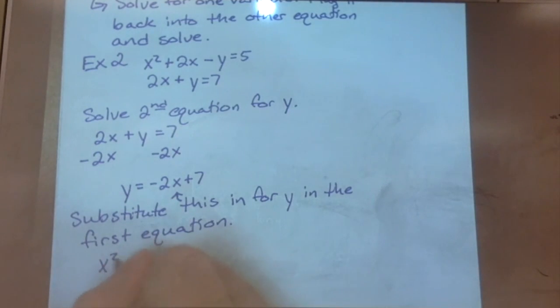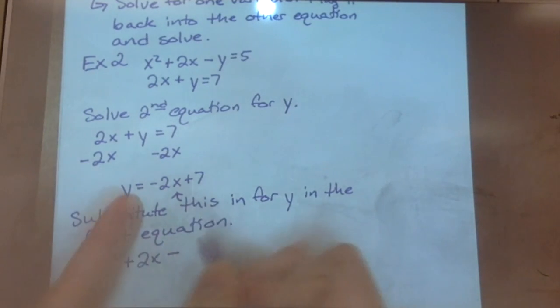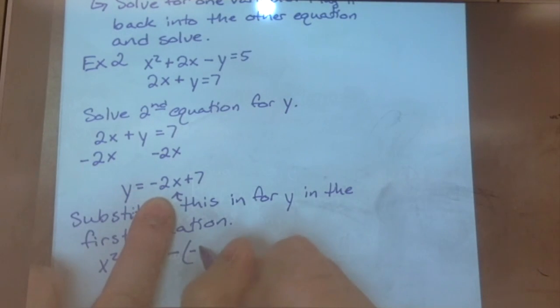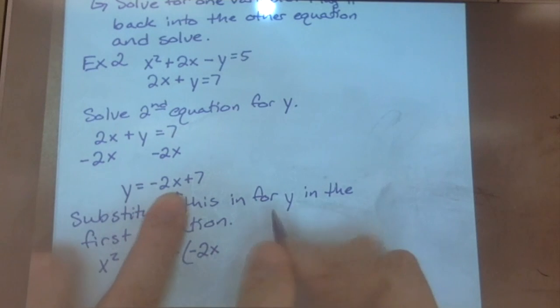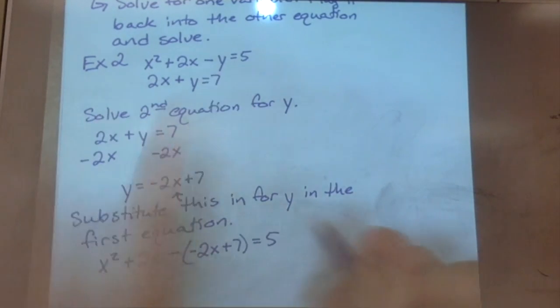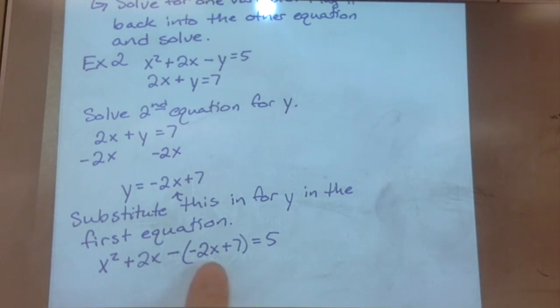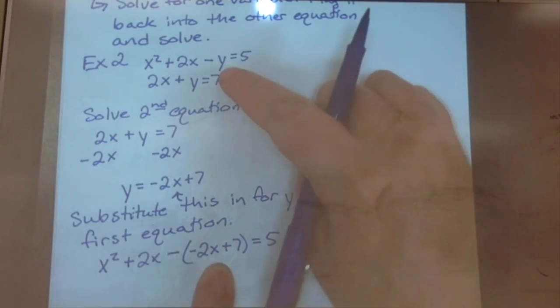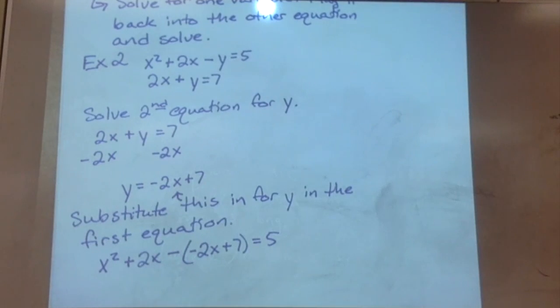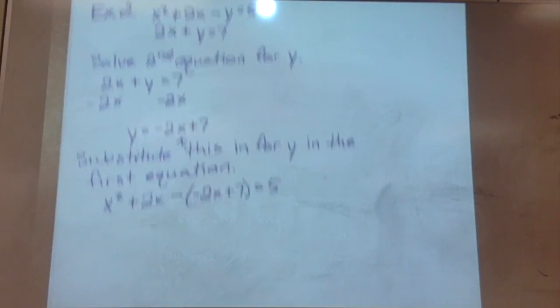So x squared plus 2x minus, and instead of minus y, make sure you use your parentheses. Always use parentheses. When in doubt, parentheses. Negative 2x plus 7, and then equals 5. And I was able to write negative 2x plus 7 here instead of a y because that's what y is equal to. All right.